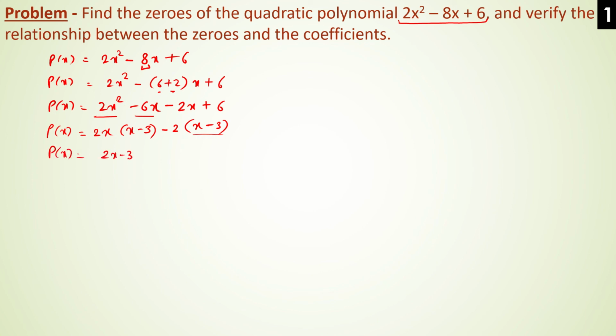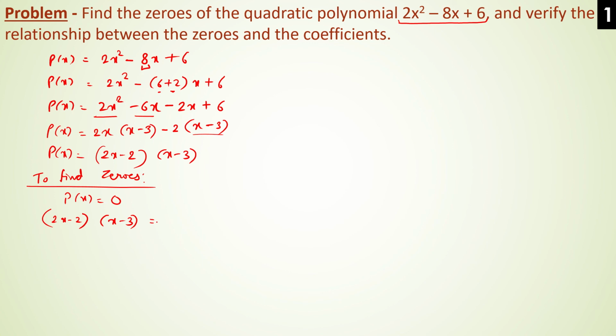So after separating the terms, we get (2x minus 2) (x minus 3). So, to find zeros, we have to put P(x) equals 0, that means (2x minus 2) into (x minus 3) equals 0.